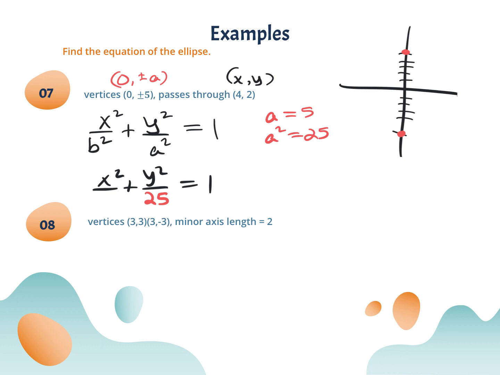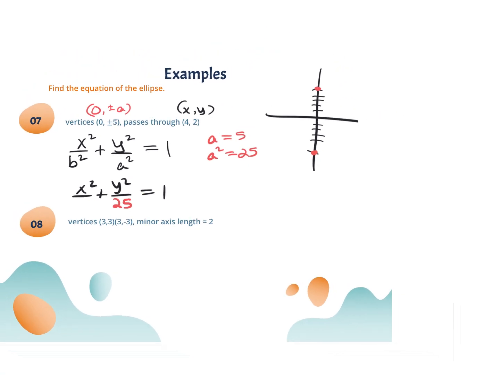Now, this time I don't have any information about the focus, so what I'm going to do here instead is not use the c squared equals a squared minus b squared. I'm going to use just my original equation, and now I'm plugging in for x and y and the a. So what I'm going to do here is use this equation again, still the same main one that I'm using.